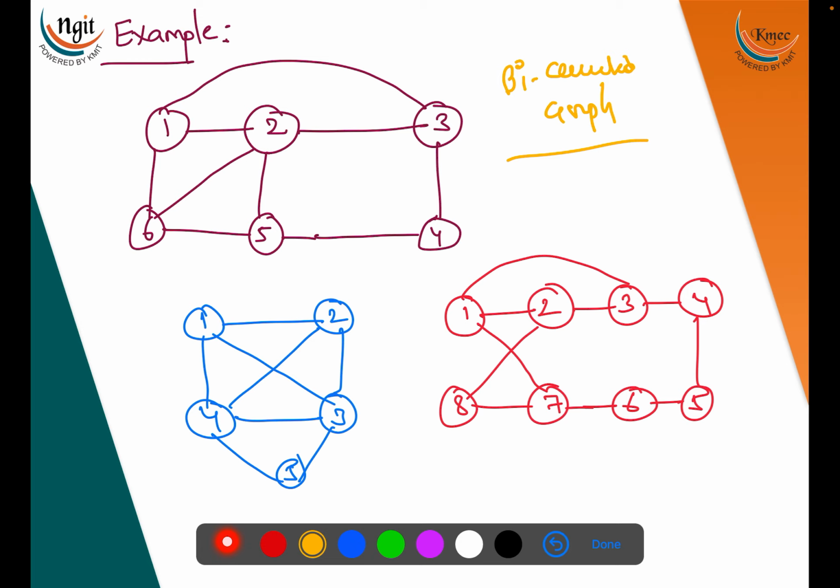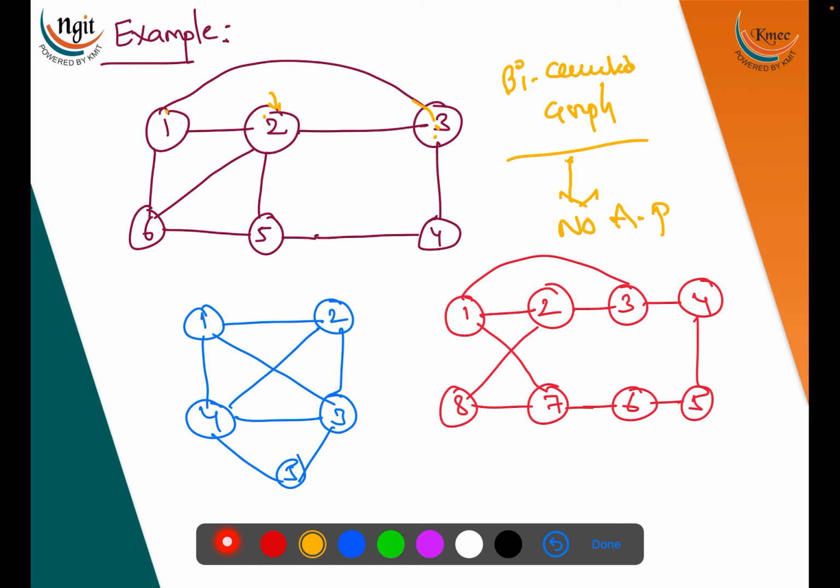A graph G is biconnected if and only if it contains no articulation point. Did you find any articulation point? If I delete this vertex, still this vertex is in connection with 1. If I delete this vertex, still it is having a connection with 4.